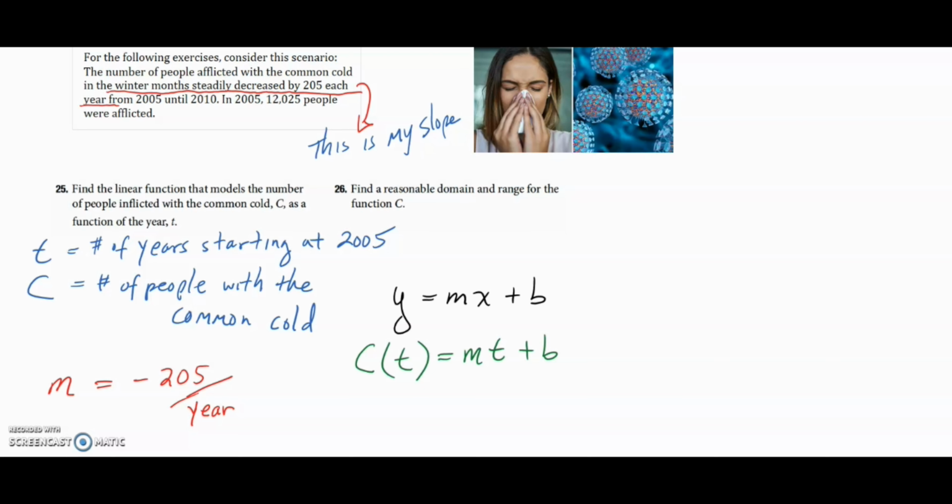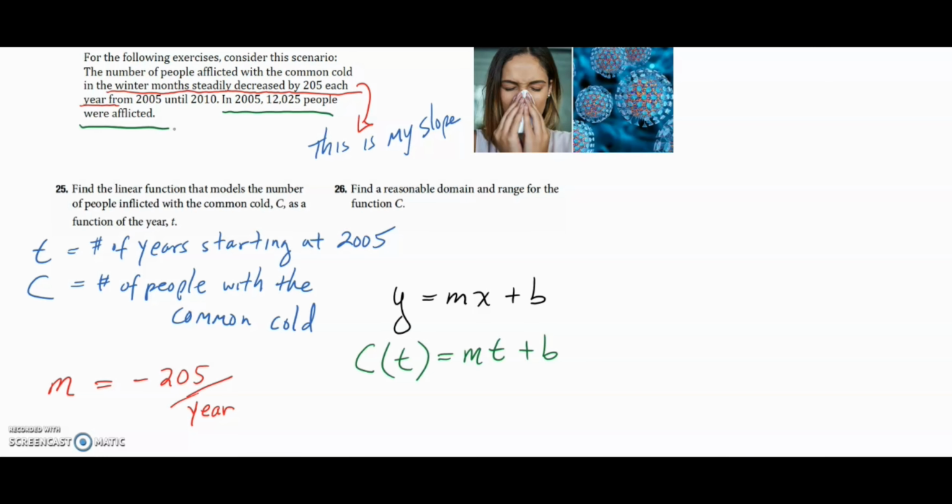I don't have a couple of points here to guide me. So where am I going to find my b? What do you think? Oh, that's right. b is the y-intercept. That's where x is equal to 0. And in this case, it is where t is equal to 0. So where do we actually start? You got it. In 2005, we have 12,025 people afflicted.